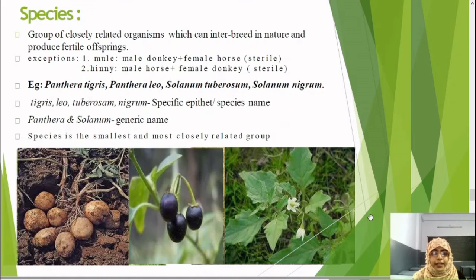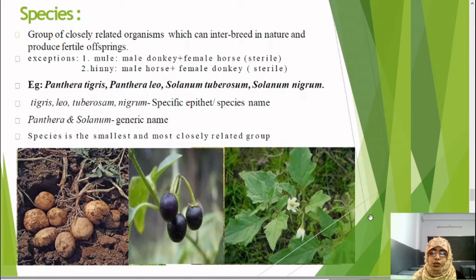I will give you an example again. In the previous slide you can see the names Panthera tigris, Panthera leo, Solanum tuberosum, Solanum nigrum. Here you can see the common name among the lion and the tiger, that is Panthera. That means the genus name is kept the same, whereas the species name changes according to the organism.